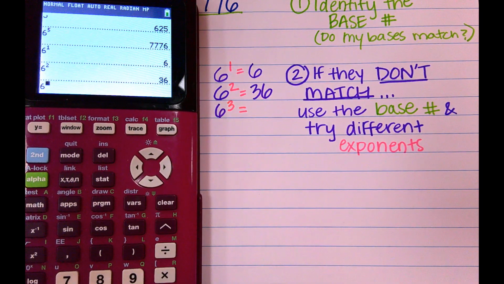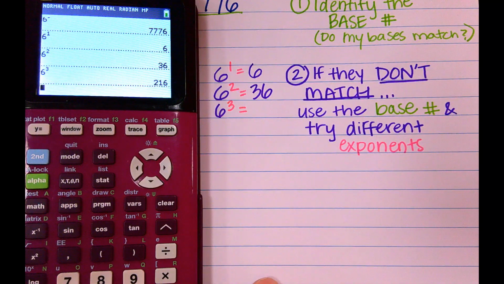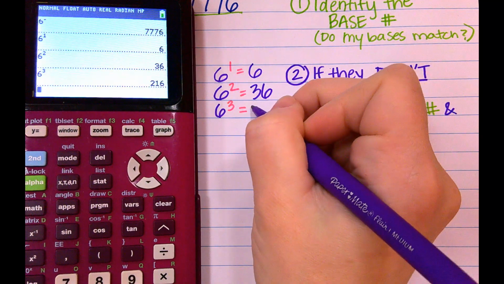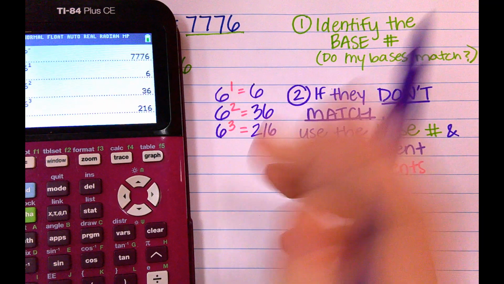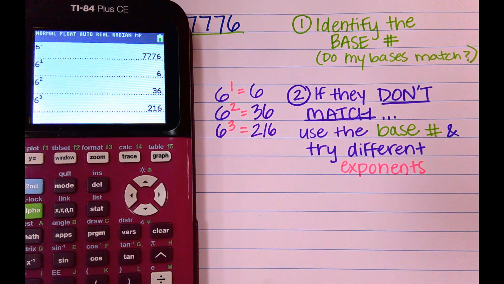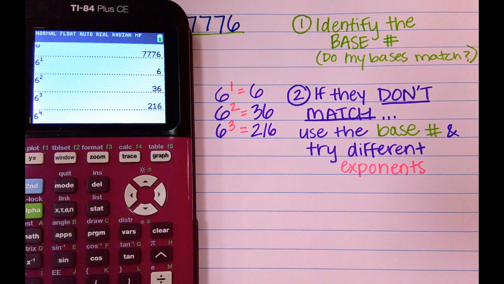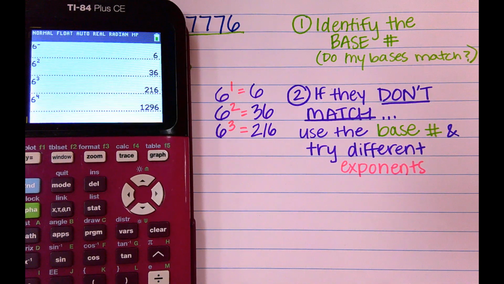So 6 up arrow 3, and we get 216. That's not what we want. We want to get 7776, so we're going to keep going. 6 up arrow 4, 6 to the fourth power: 1296. Oh, we're getting closer.